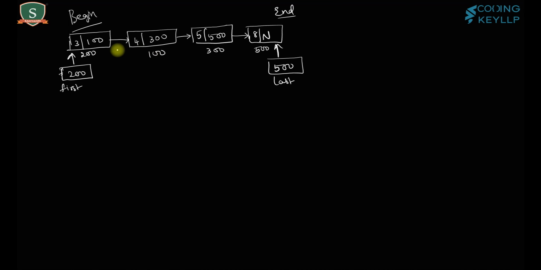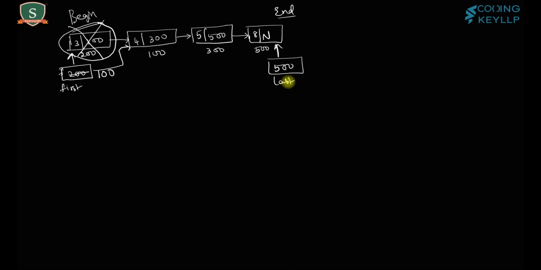Now, if I want to delete the first node, that means delete at the beginning, what are the changes I need to do? First, since we are using dynamic memory, we have to free this memory space, and first has to be updated to 100, that is pointing to the next node.